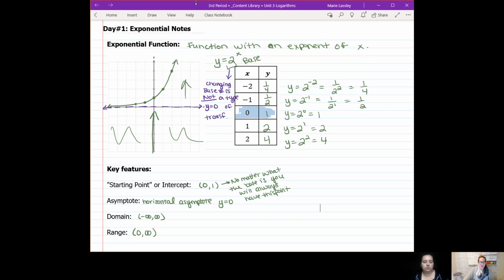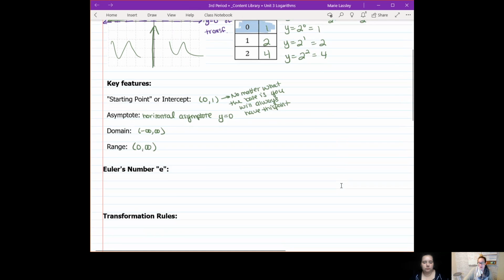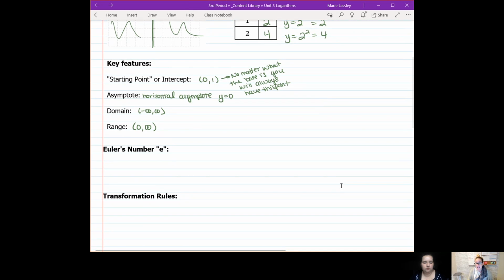Okay, next up, we're going to look at something called Euler's number, which you guys did a little bit of investigating on in Algebra 2. I think you did this when you were looking at compounding interest rates with your exponential functions last year. We're not going to do too much with it, but I do want you to get the concept of what e represents.